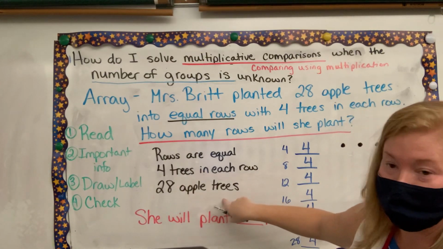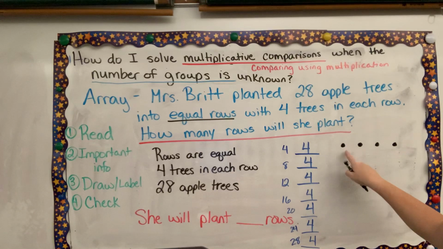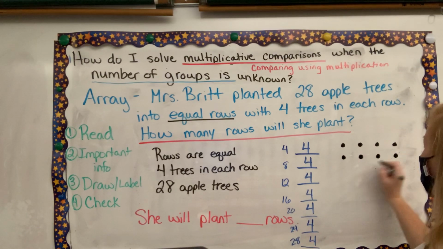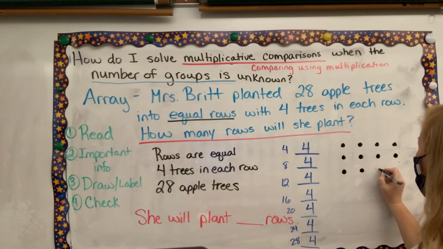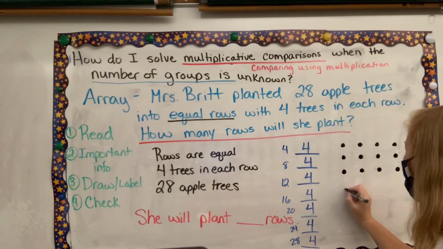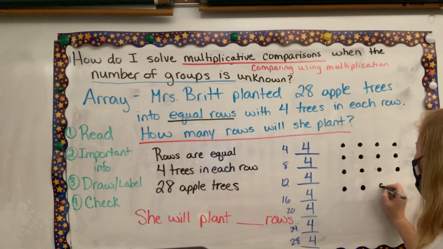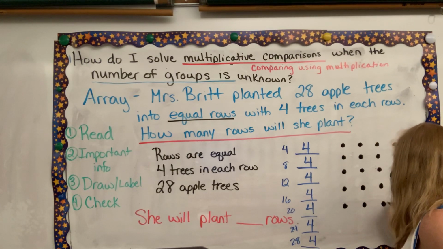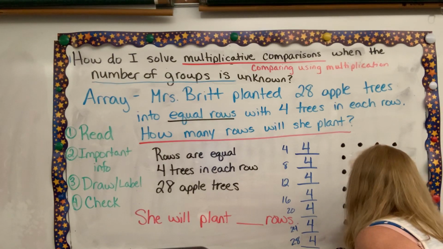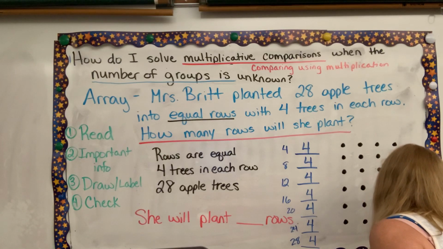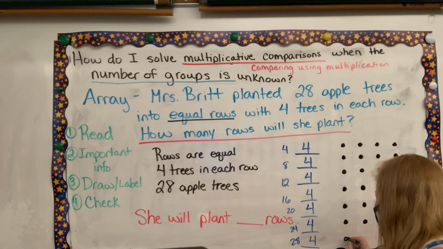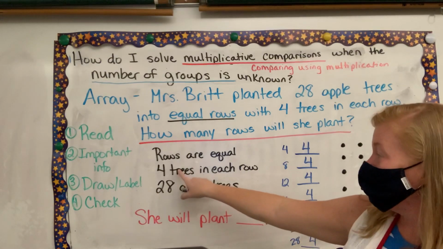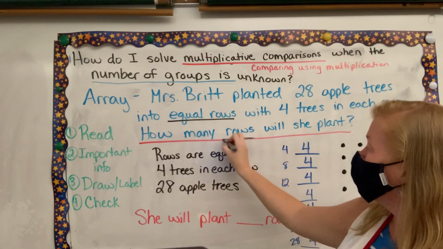I know I have 28 apple trees, so I'm going to do this until I use up all 28. 1, 2, 3, 4, 5, 6, 7, 8, 9, 10, 11, 12, 13, 14, 15, 16, 17, 18, 19, 20, 21, 22, 23, 24, 25, 26, 27, 28.